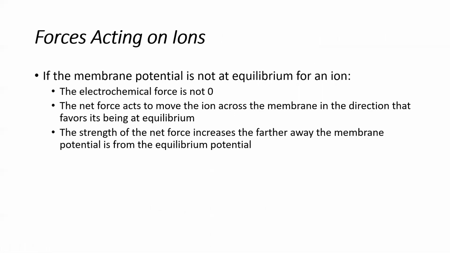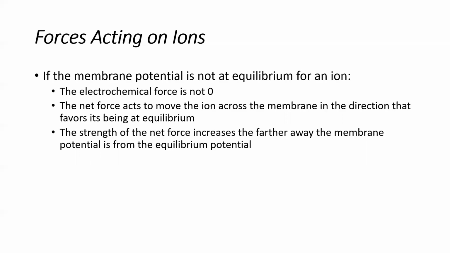All right. Now this is kind of recapping some of that here. The electrochemical driving force is not zero, right? The membrane potential is not at equilibrium for an ion. So if the membrane potential is not at -94, then potassium is going to be on the move. If the membrane potential is not at +60, then sodium is going to be on the move, right?